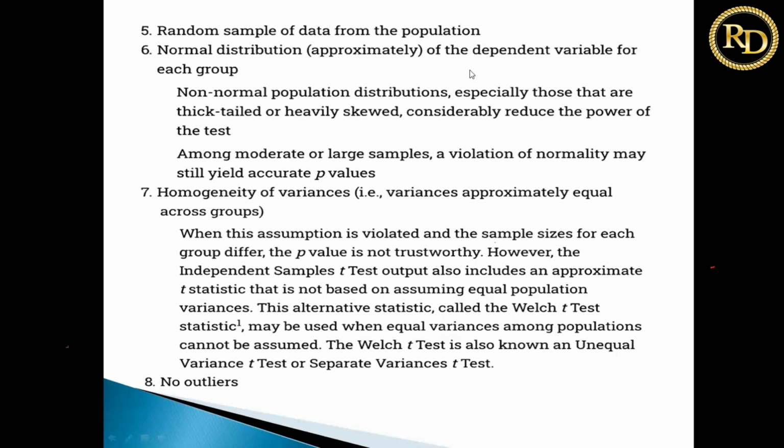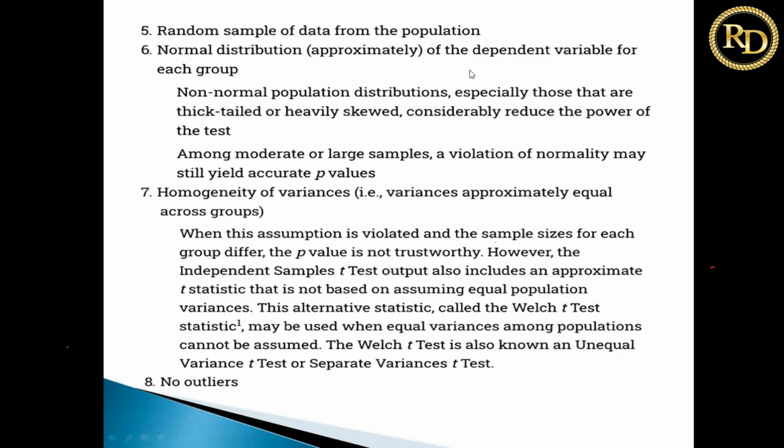There we first check the equality of variance, and accordingly, if both the populations have the same population variance, then we use the t statistic, that is x1 bar minus x2 bar upon s times the square root of 1 upon n1 plus 1 upon n2, where s is the combined standard deviation for both the samples.